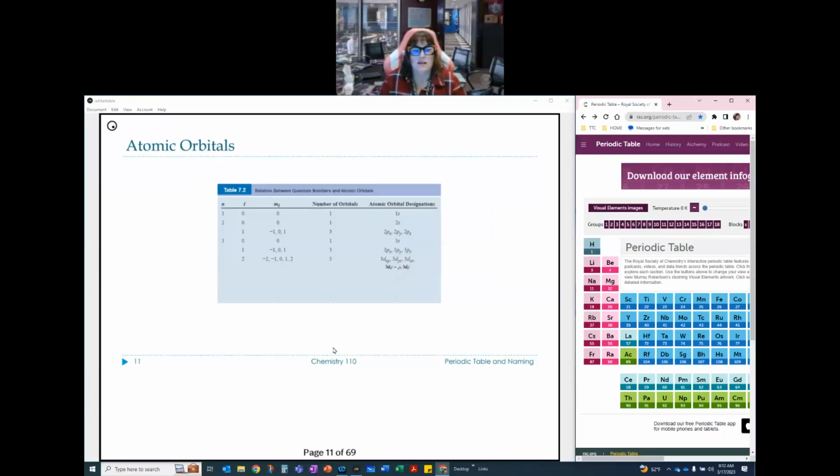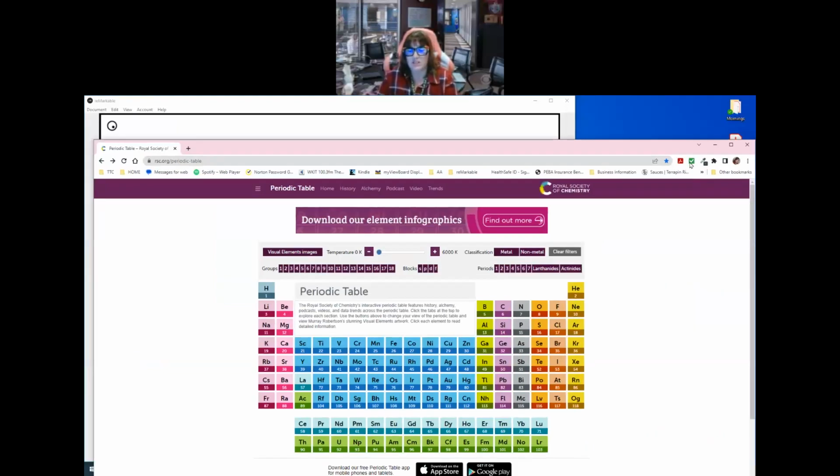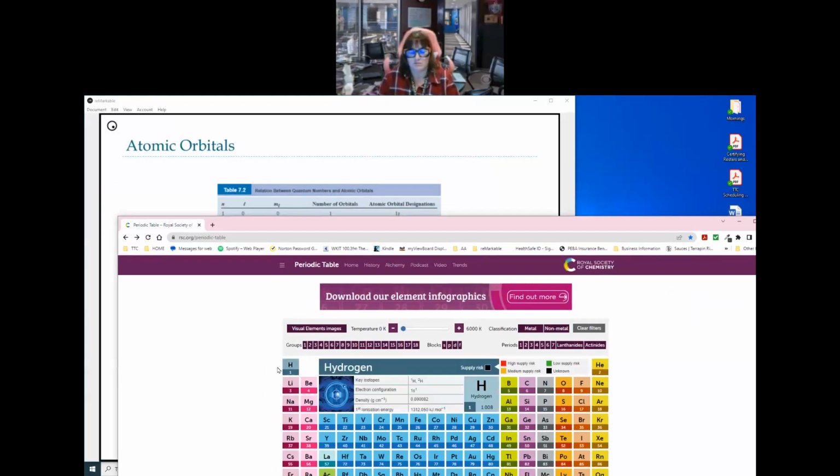Okay. Now, all this is referring to this thing right here. It's talking about the fact that we can have different values. So if my first row, if n is equal to 1, we're talking about this first row, then I know that the only value for the shape that I can have is 0.